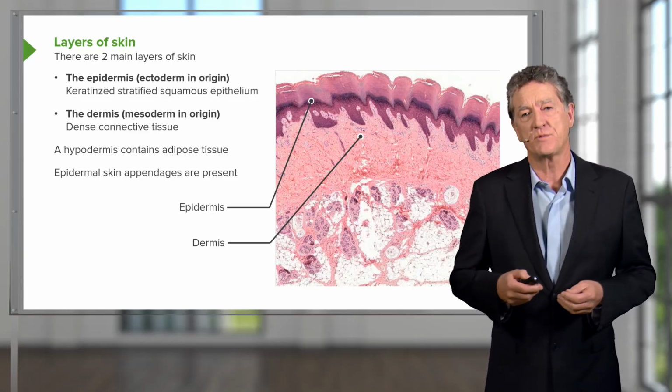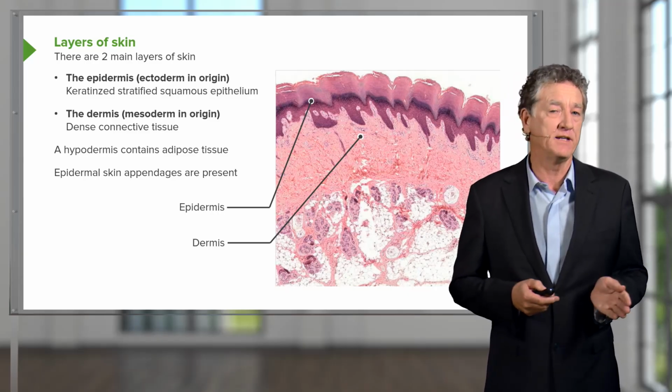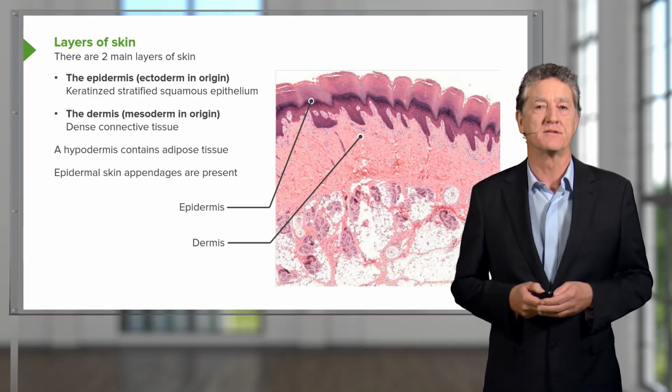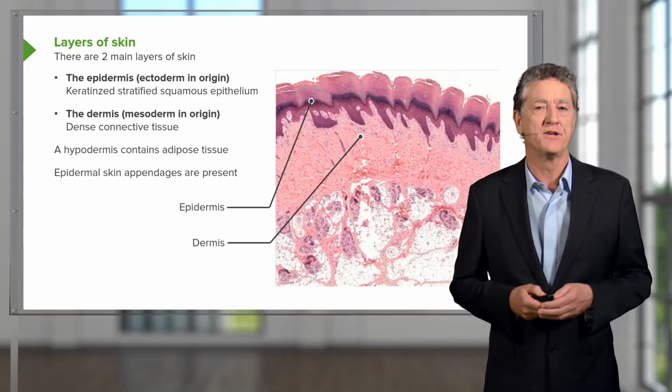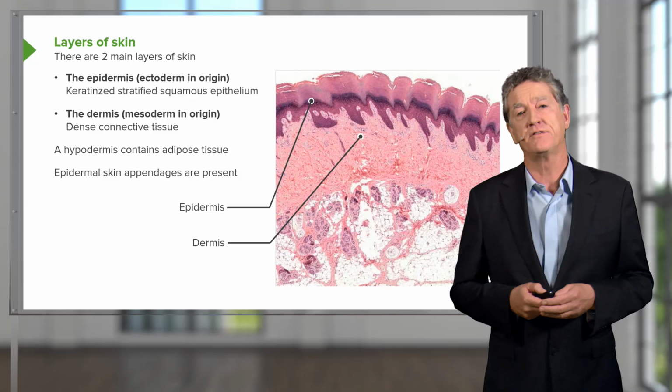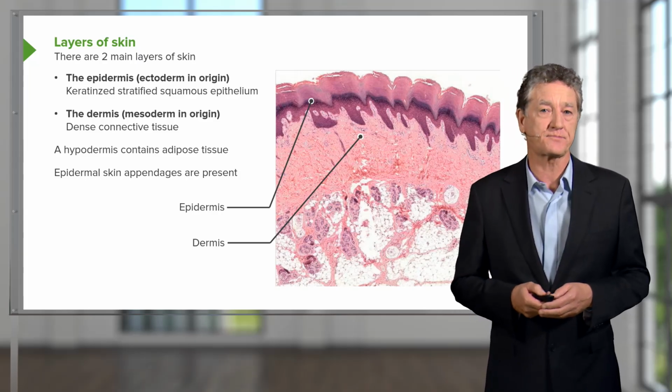Sometimes we call skin either hairy or non-hairy. That's another way in which we can classify skin. And it's probably an easier one to understand. We certainly don't have hair on the palms of our hands or the soles of our feet.